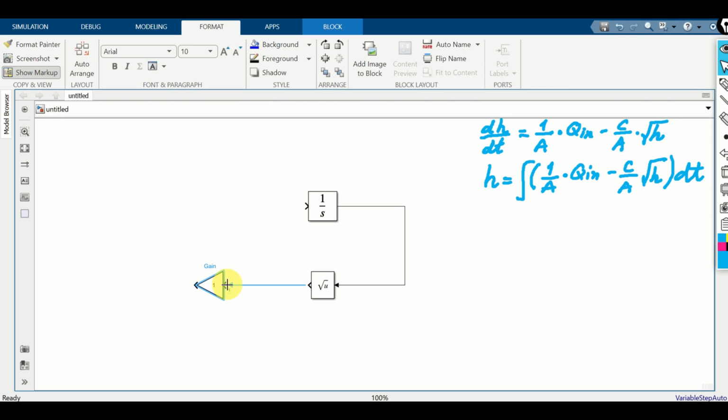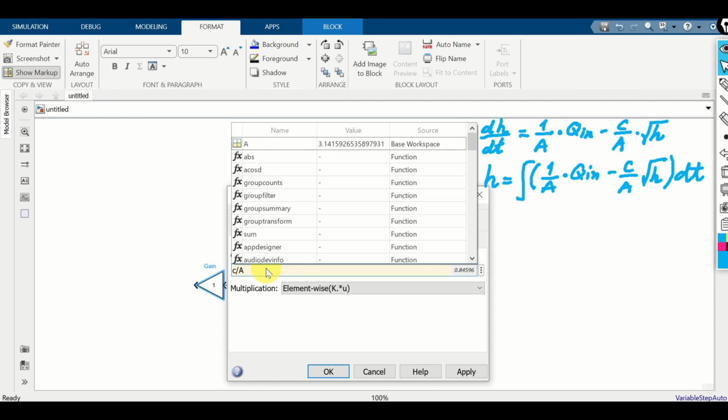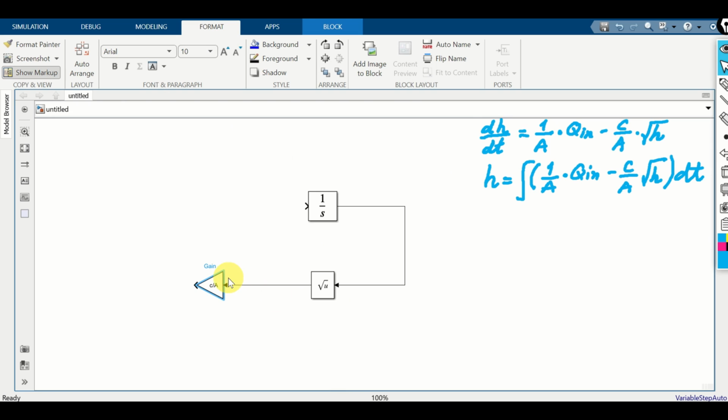Align the lines, connect them, double-click over here, and over here type C over A. Note over here that Simulink is smart enough to recognize that A is inside of the MATLAB memory. This is because we have previously evaluated the script that defines these constants. Perfect. Now we have C over A multiplying square root of h.